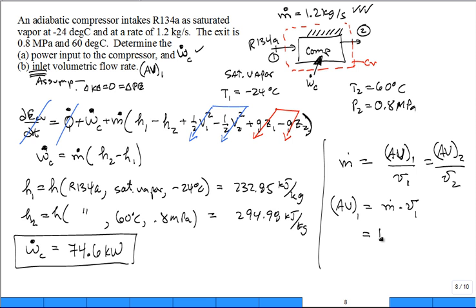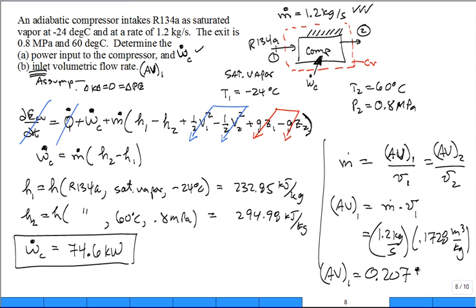Our mass flow rate is 1.2 kilograms per second. Just like you looked up the enthalpy at state 1, you have to be able to look up the specific volume at state 1. It's v sub g, so 0.1728 meters cubed per kilogram, and you get the volumetric flow rate 0.207 meters cubed per second.